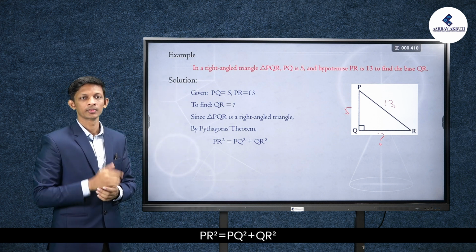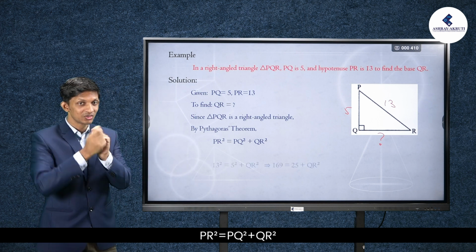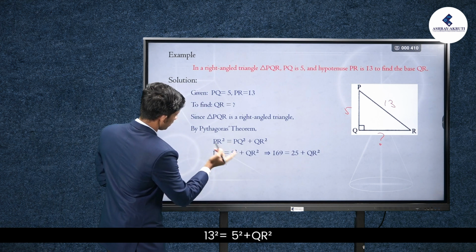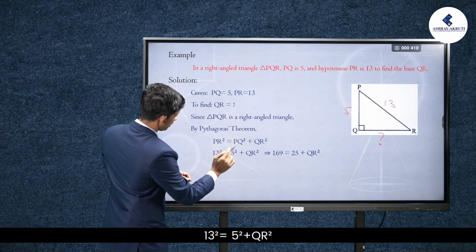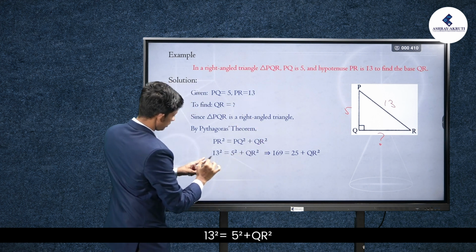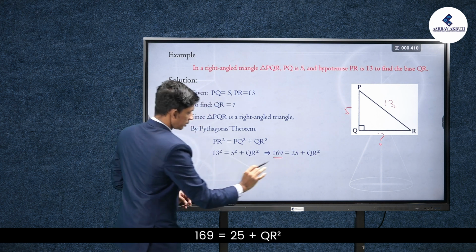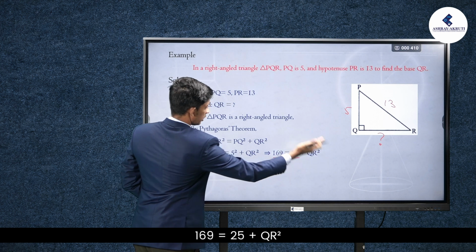By Pythagoras theorem, PR square is equal to PQ square plus QR square. That is 13 square is equal to 5 square plus QR square, which is equal to 169 is equal to 25 plus QR square.